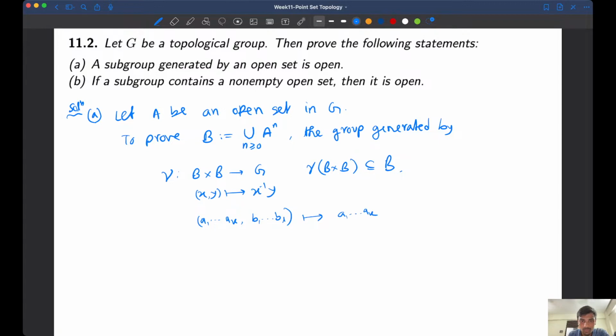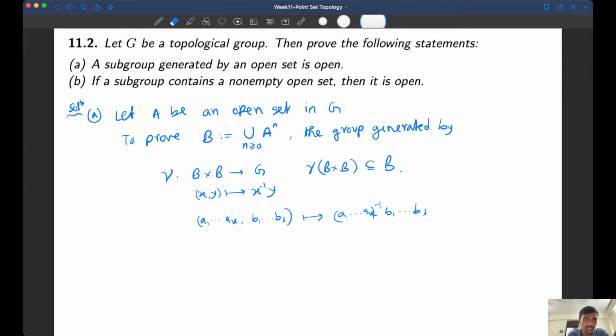And now maybe I need to consider A, you can also include those minus powers also, maybe that is easier.